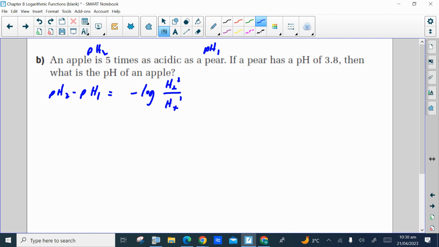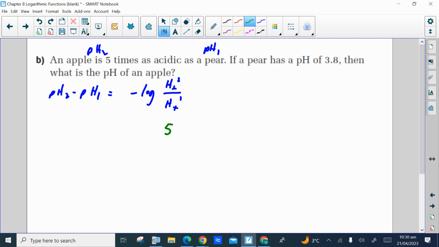And so once again, H positive 2 over H positive 1, that'll be 5. We're told that the apple was 5 times more acidic than the pear. And that's what H positive 2 over H positive 1 represents. How many times more acidic is the one compared to the other? That's what we solved for in the previous question.